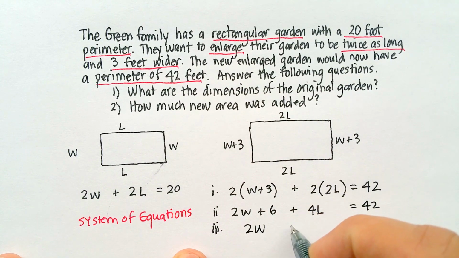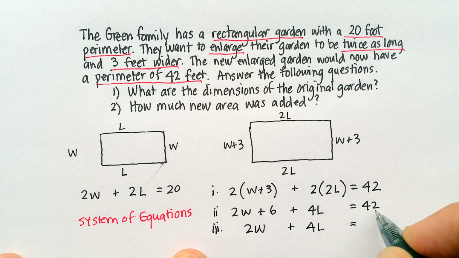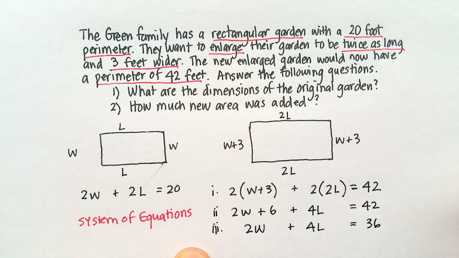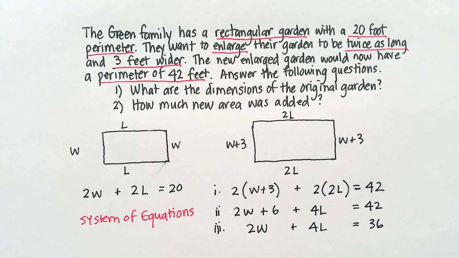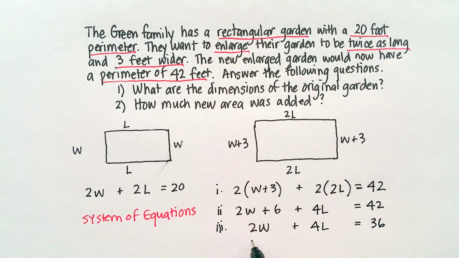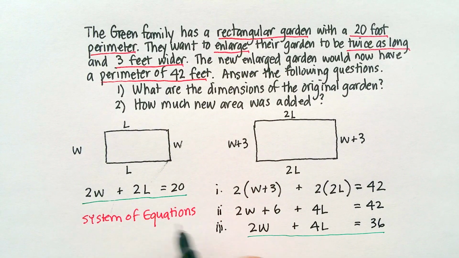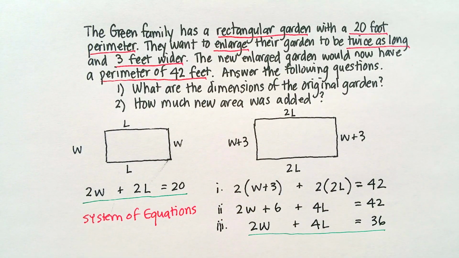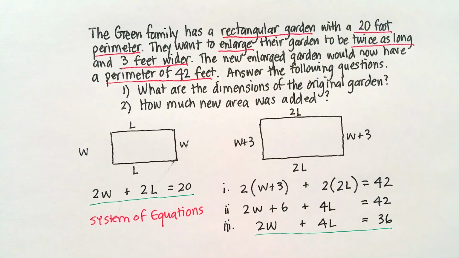I'm going to have 2W plus 4L is equal to, minus 6 here would actually be 36. And now I'm going to take my 2 equations that I have, this one here and this one here, and I'm going to put them into a system of equations and solve for them.